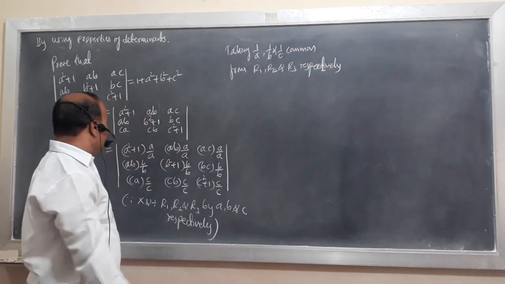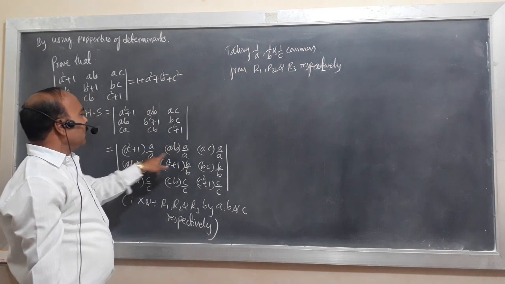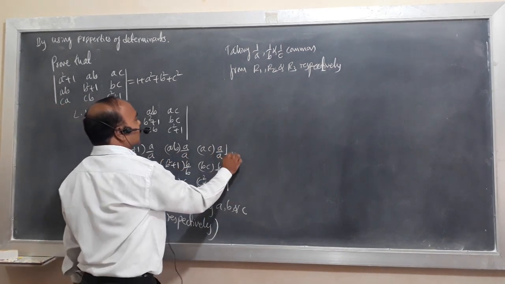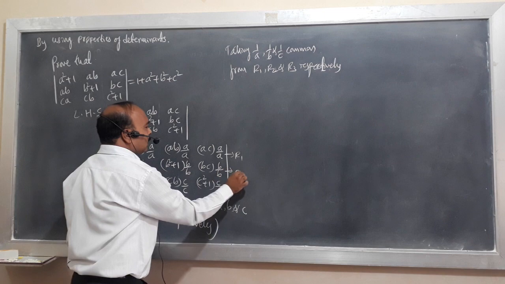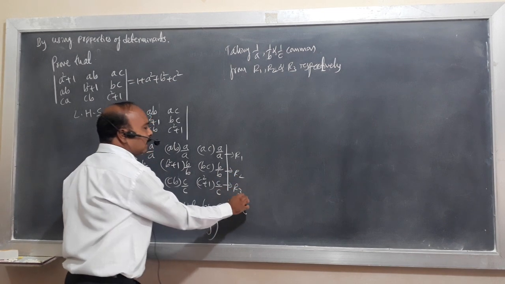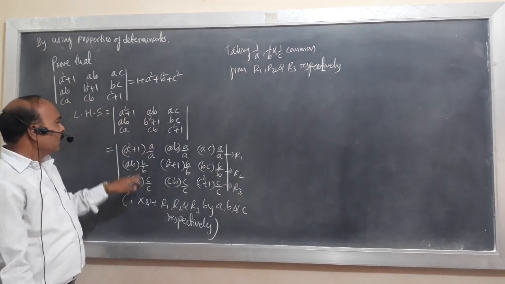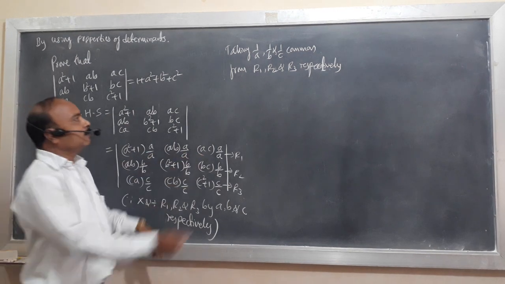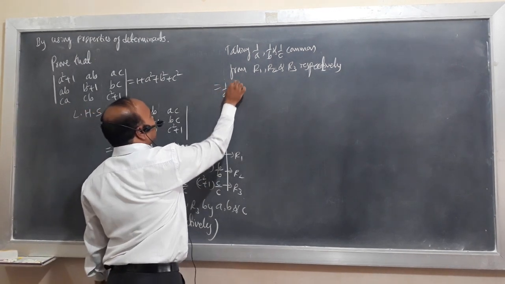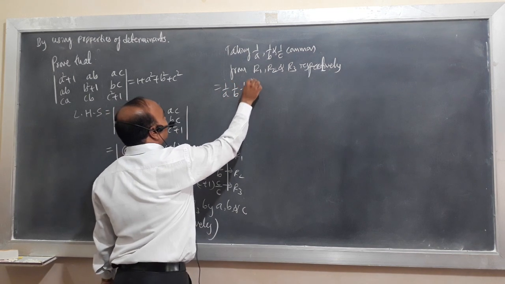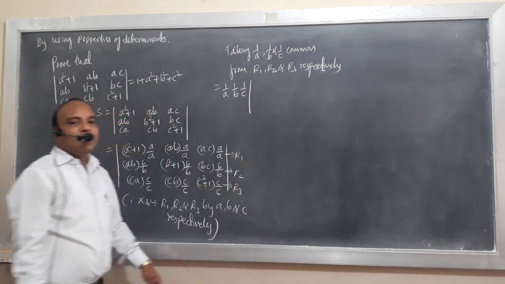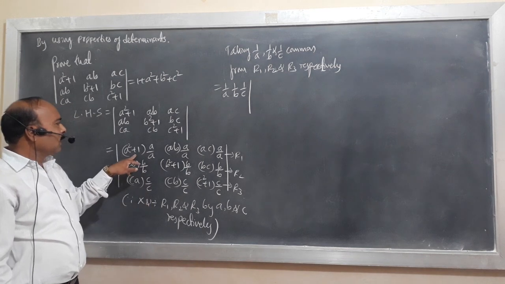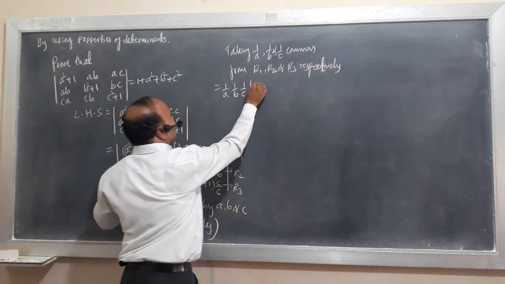Now we get, if you take 1 by A from R1, what do you get here? It is R1, R2, R3. You take 1 by A outside from R1. What is left here?